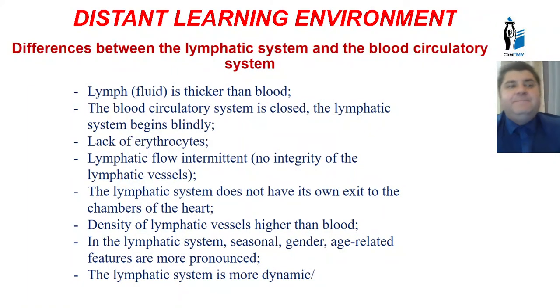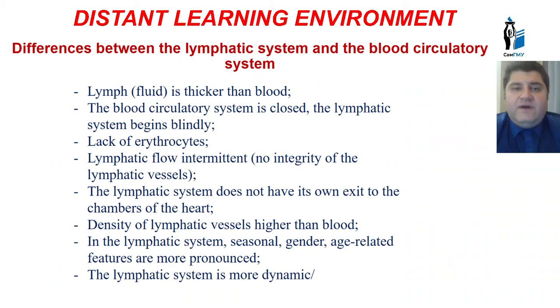Next, let's see the difference between the lymphatic system and the blood system, and you may read this difference here. Lymph fluid is thicker than blood. The blood circulatory system is closed. It starts in the heart and finishes also in the heart. But the lymphatic system begins bluntly.